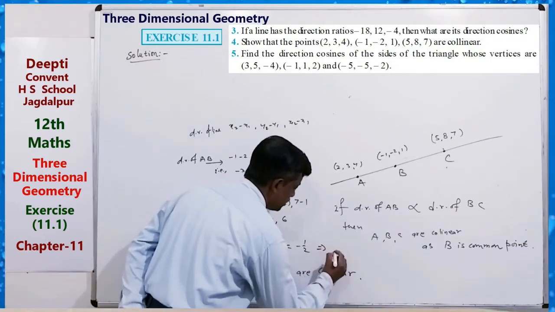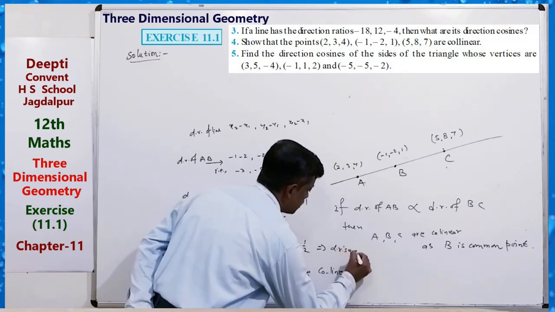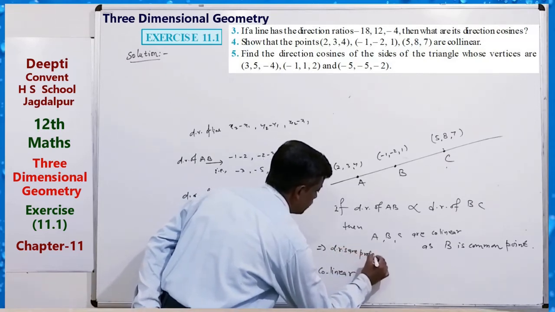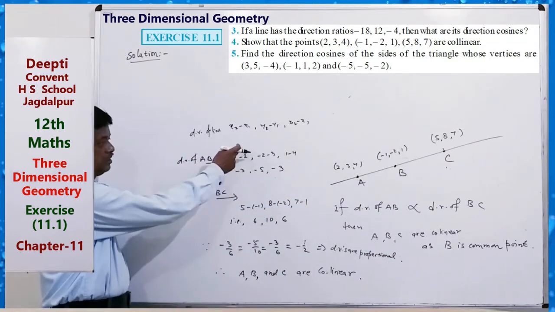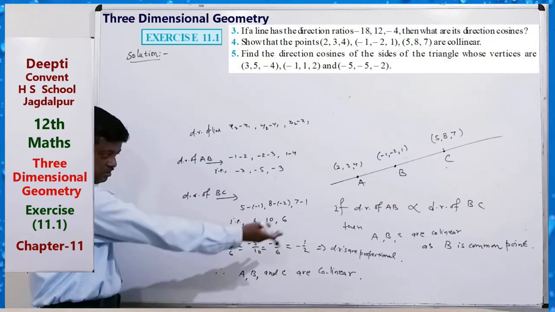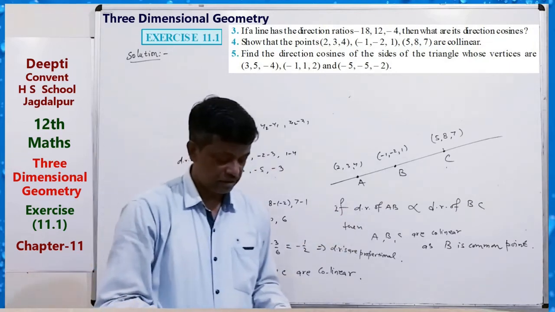This implies the direction ratios are proportional. So A, B, C are collinear. Clear?